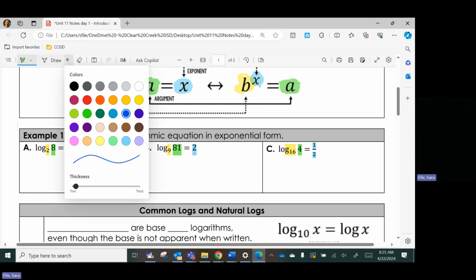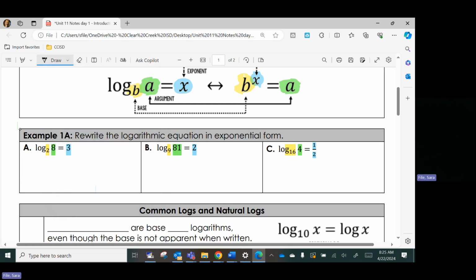So when I come to rewrite those in exponential form, the base of the log is the base of the exponential. So in A, this is a base 2. And then the exponent is what's in blue here, what the log was set equal to.